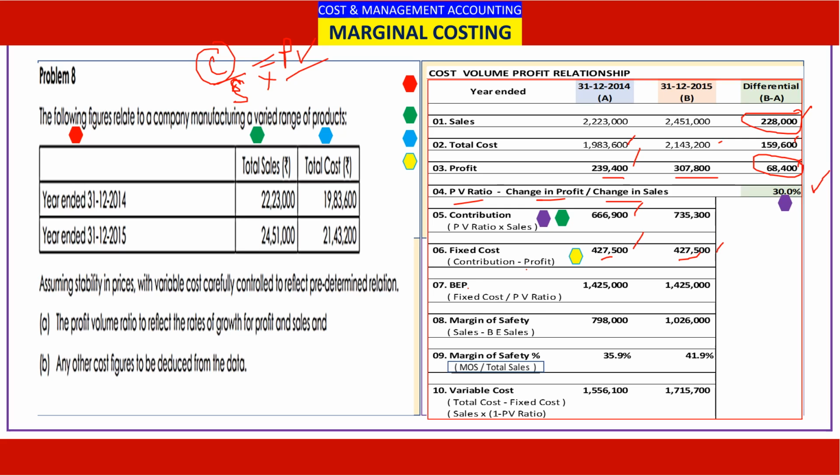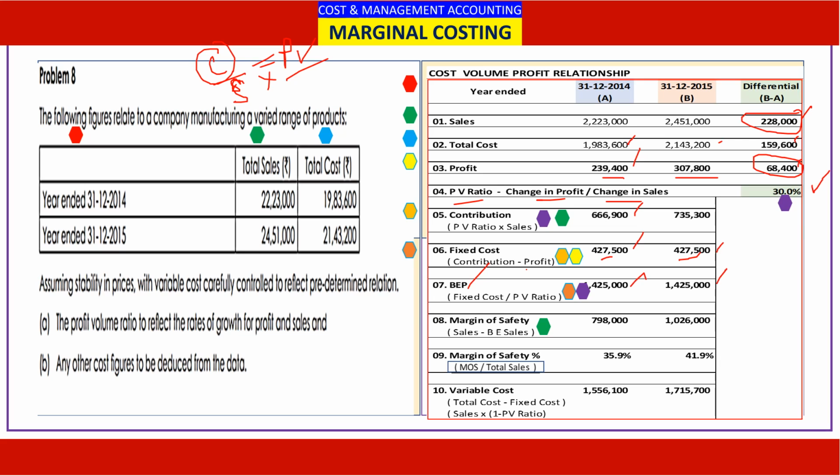Once you do it, break-even point is easy to do. Fixed cost divided by PV ratio. Fixed cost is 427,500 divided by 30%. Break-even is the same for both the years. What is margin of safety? Margin of safety is nothing but sales minus break-even sales.